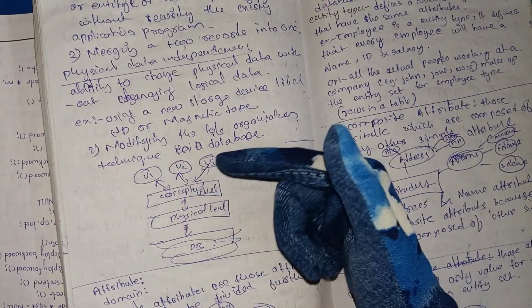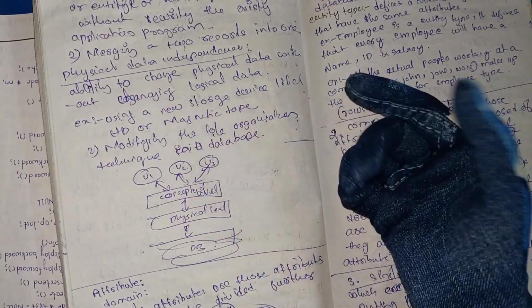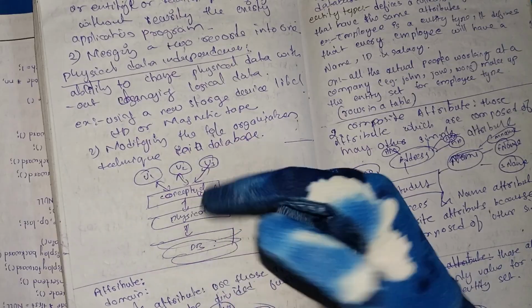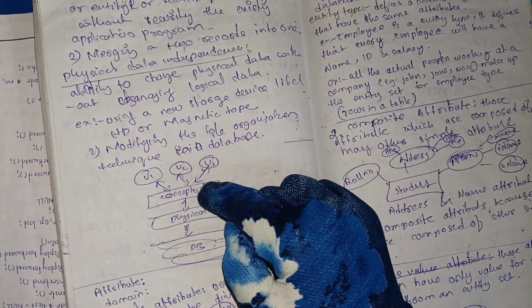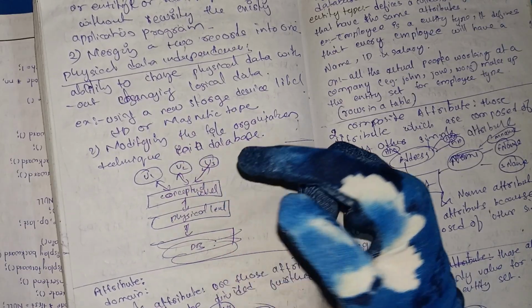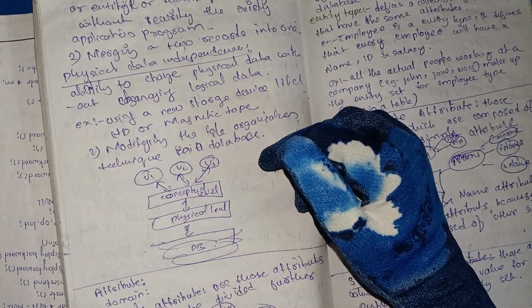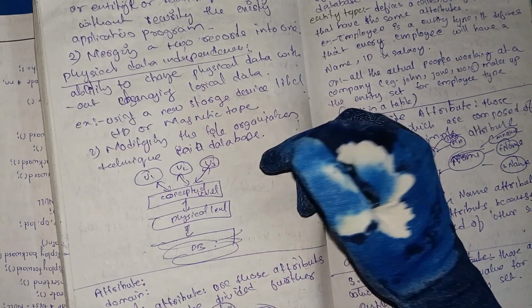So this data model describes the design of each level: how the data is related, what data is present, and the relationship between them.